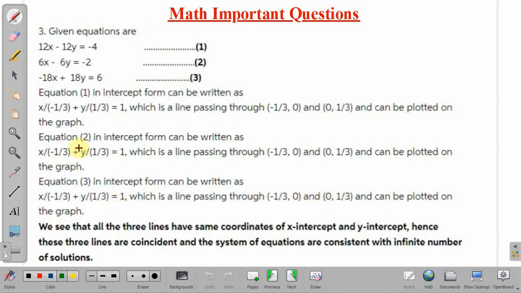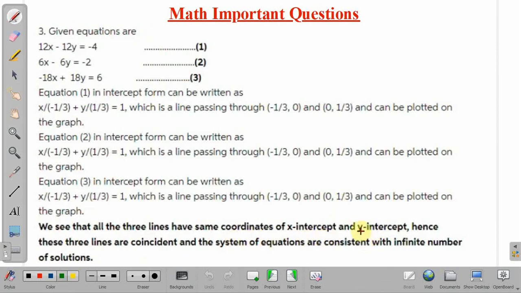So if we see all these three lines in intercept form, we can see that the coordinates of the x-intercept and y-intercept are the same for all the three lines. Hence these three lines must be coincident and the system of equations is consistent with an infinite number of solutions.